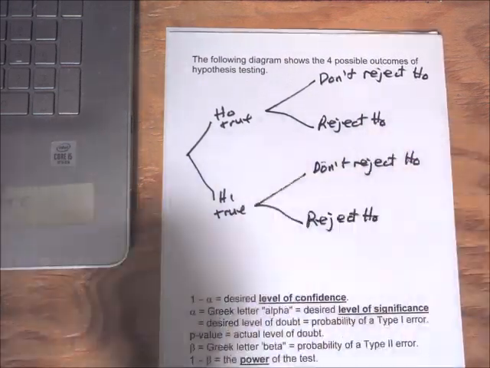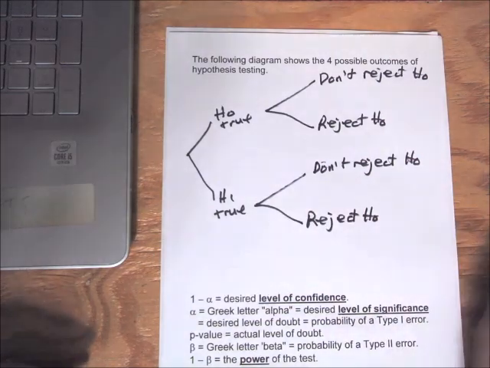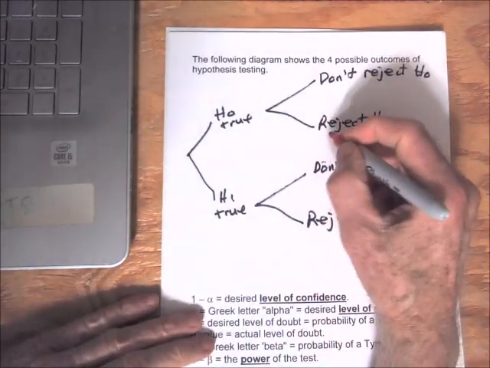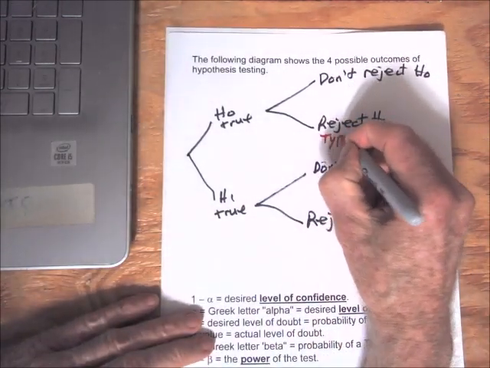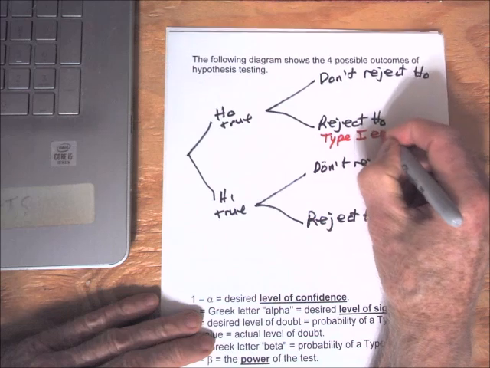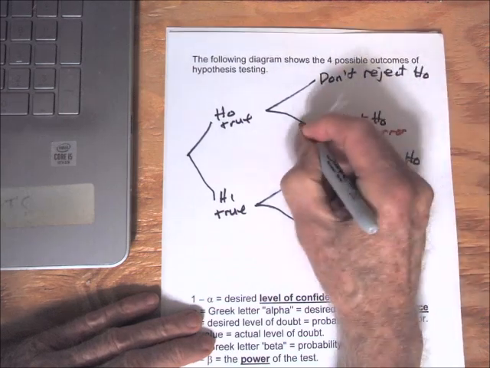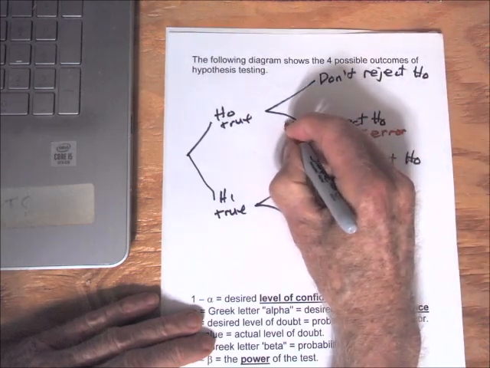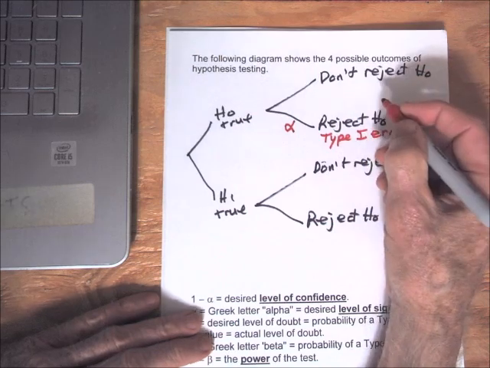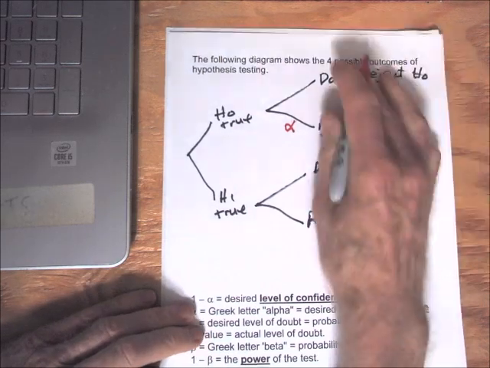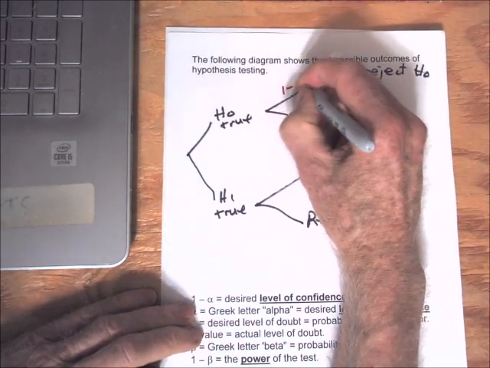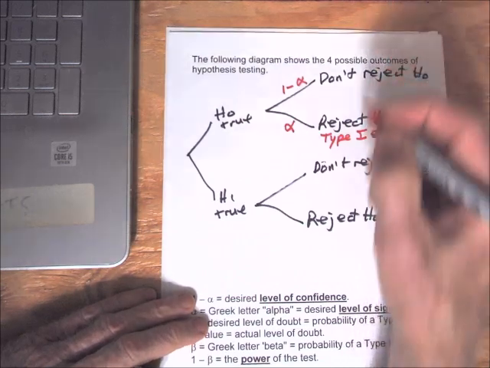Okay, so if we reject H naught when H naught is true, that's called a type 1 error. And alpha, Greek letter lowercase alpha, is used to represent the probability of a type 1 error. 1 minus alpha is our level of confidence.